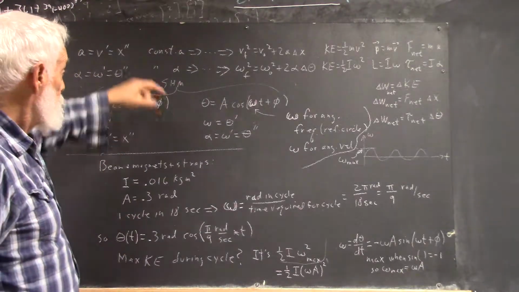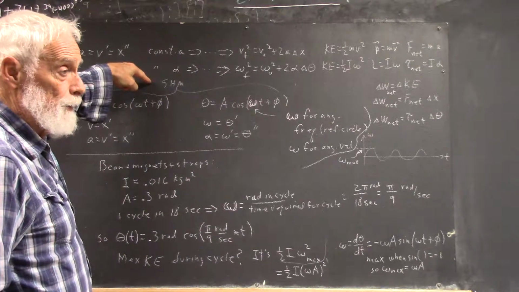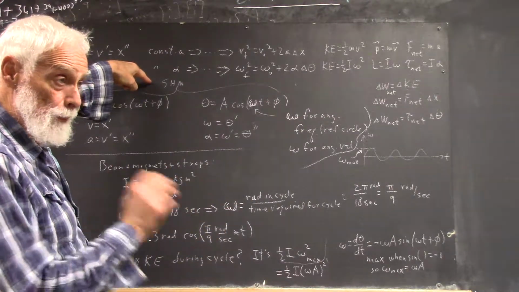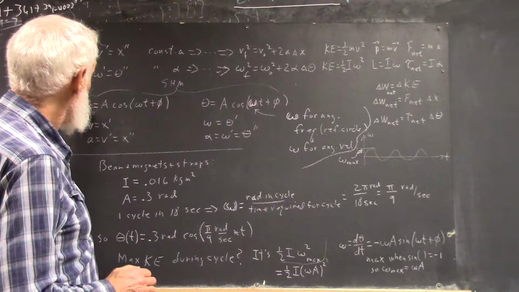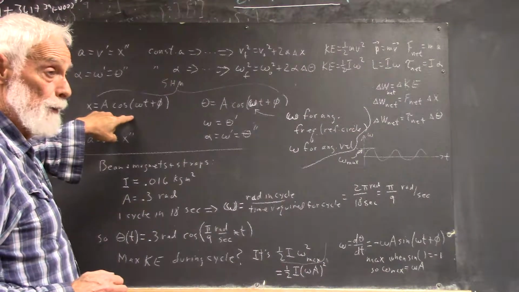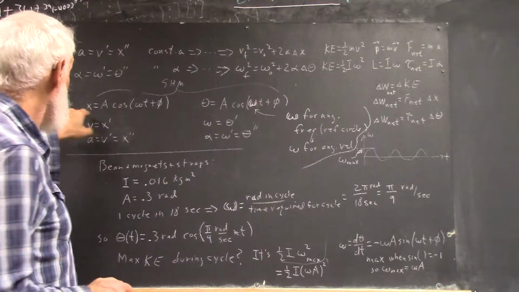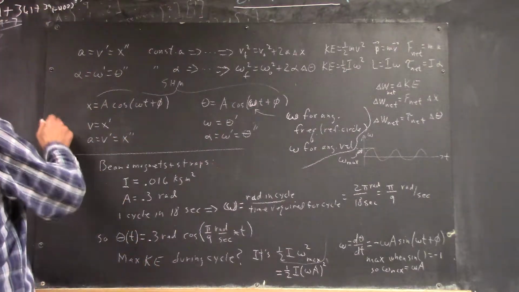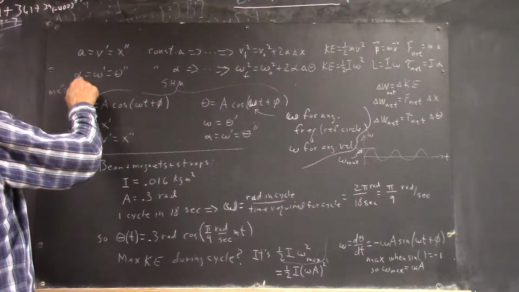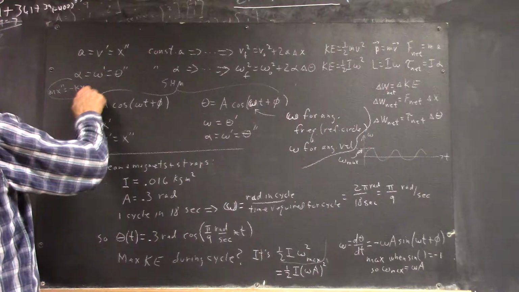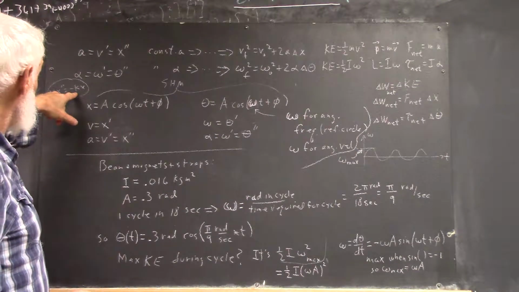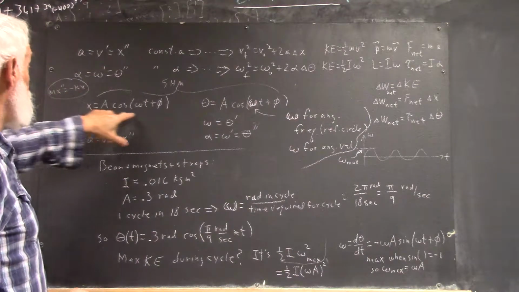Since what we're looking at with the beam is a simple harmonic motion after the collision, we want to write down what we know about simple harmonic motion. Now we should be able to derive this. This comes directly from Newton's second law, which says m x double prime equals negative kx when you have a linear restoring force of the form negative kx.